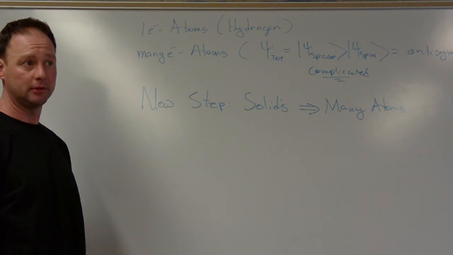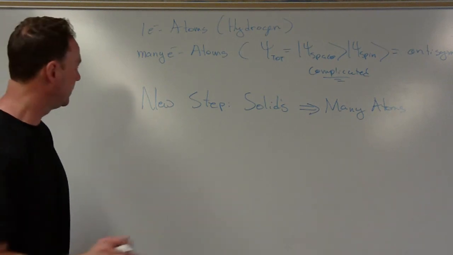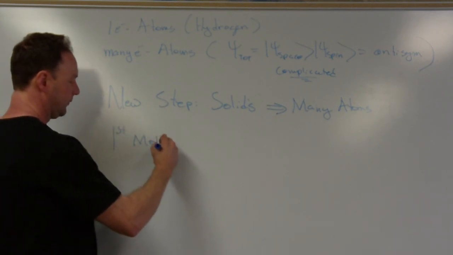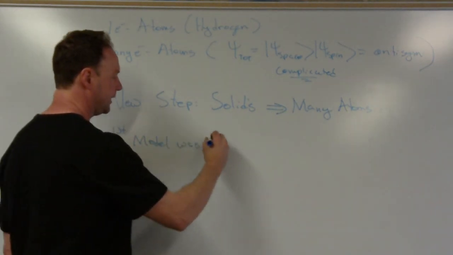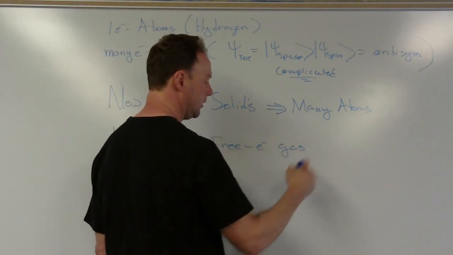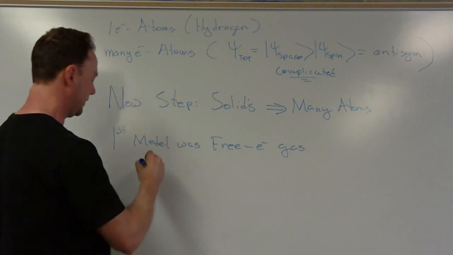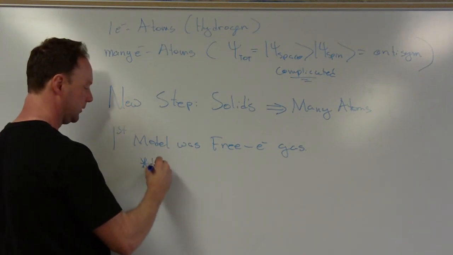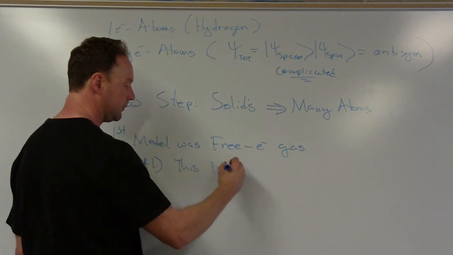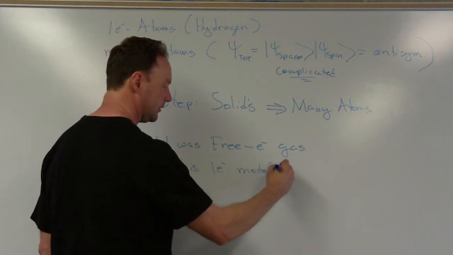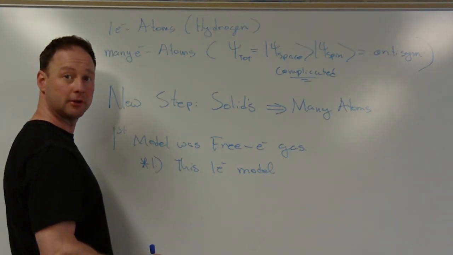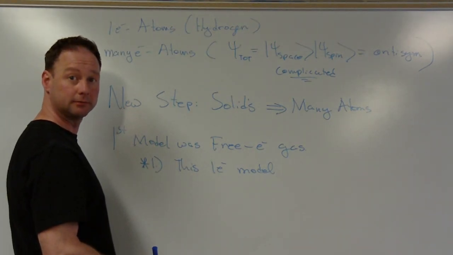In the very first model was a free electron gas. Now, what I want you to note right away is this is a one electron model still. We're just talking about one electron, free electron gas.